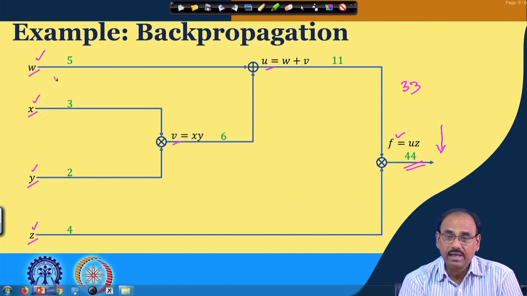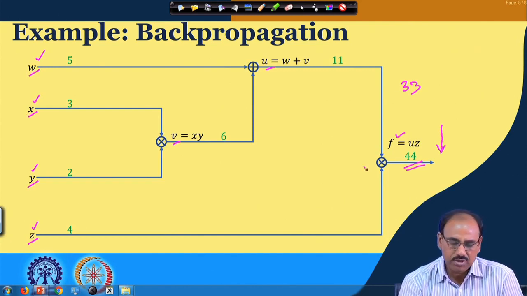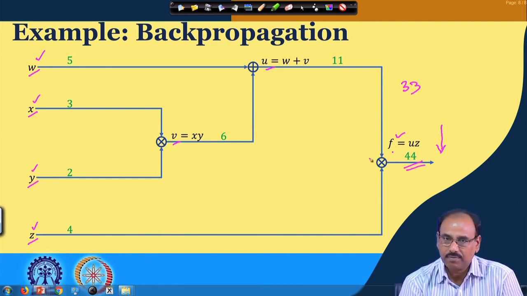But I cannot directly compute del f del w or del f del x. The reason being, f is not directly visible to w, f is not directly visible to x, f is not directly visible to y. But yes, I can compute del f del z because f is directly visible to z.